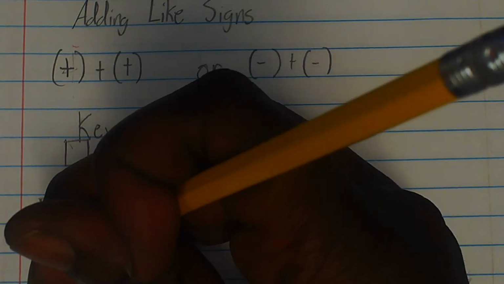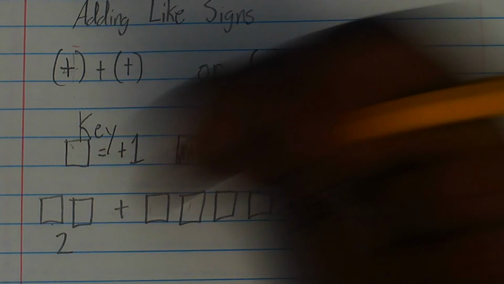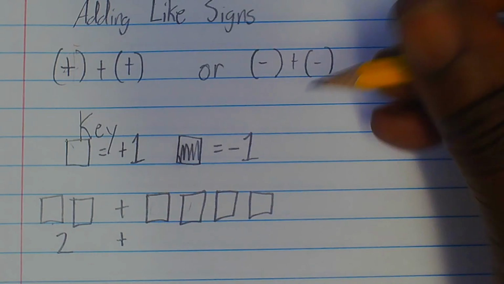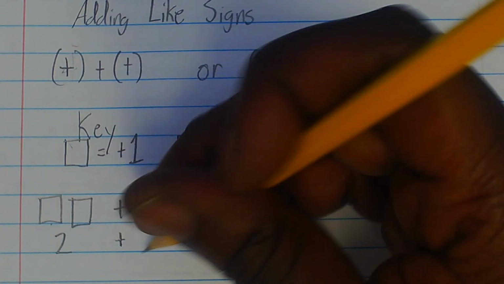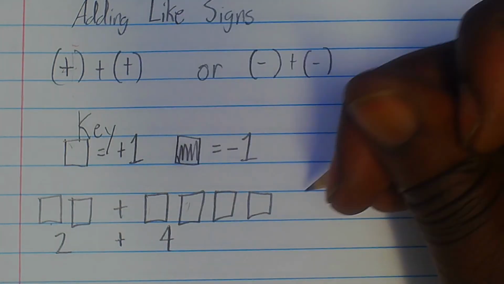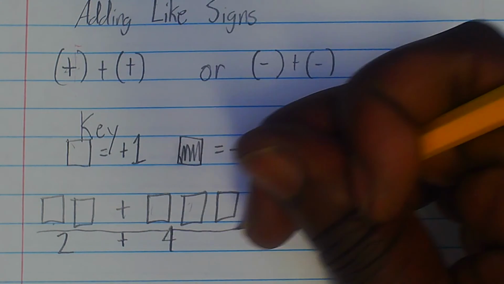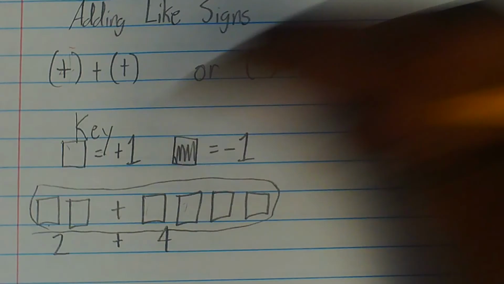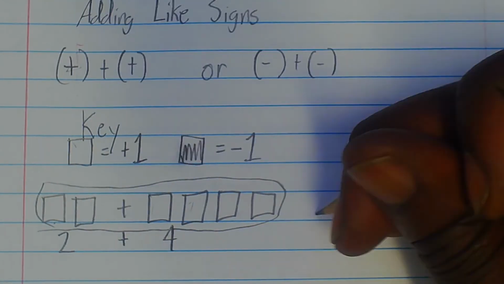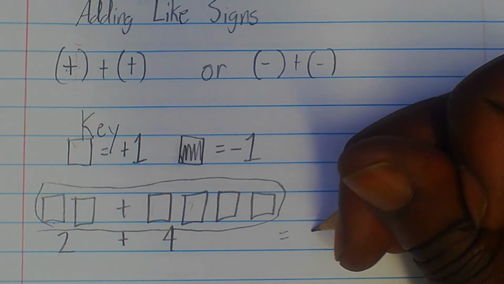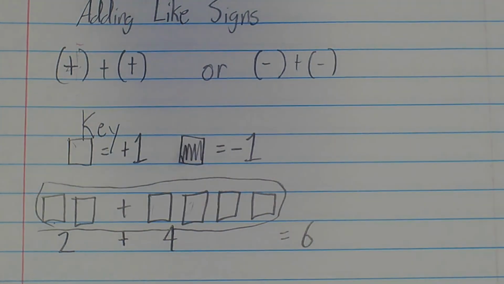So this is 2 positives, or positive 2, plus 4 positives, or positive 4. And of course, when we put all of them together, we can represent that as positive 6, or 6 positives.